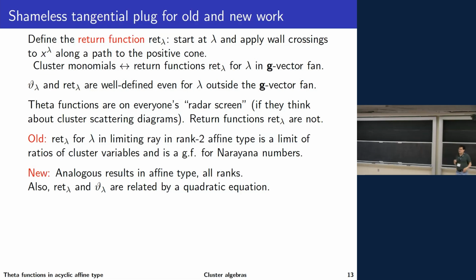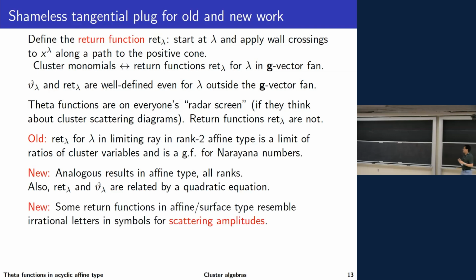It's like the theta function is the return function plus something in the y's divided by the return function. And then if you solve for the return function, it's this quadratic thing.